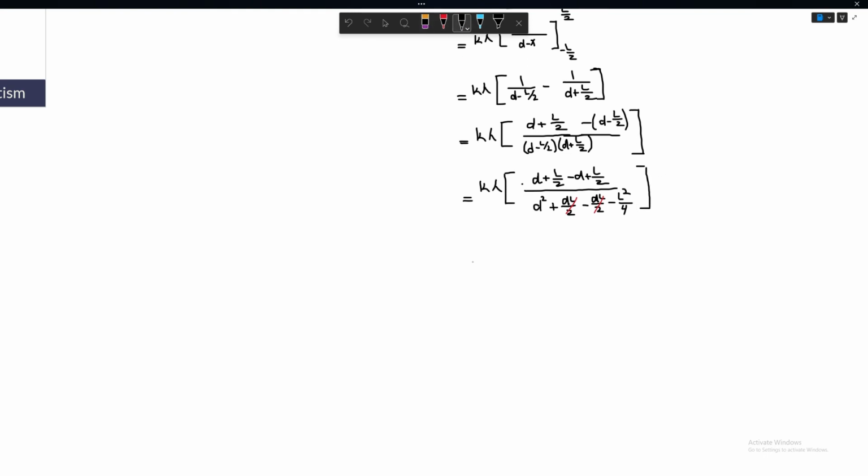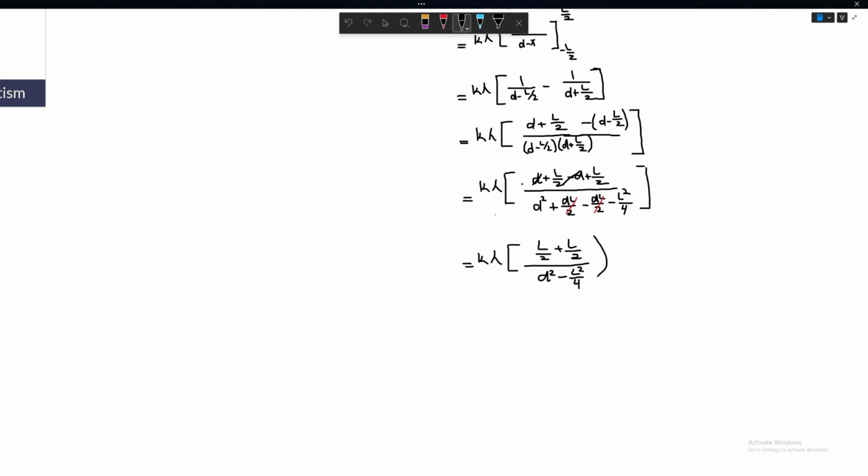So what I'll end up with is k lambda, and this will cancel out. So I'll get L over 2 plus L over 2 all over d squared minus L squared over 4.